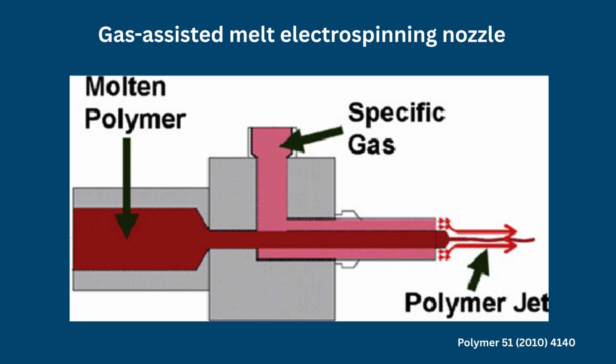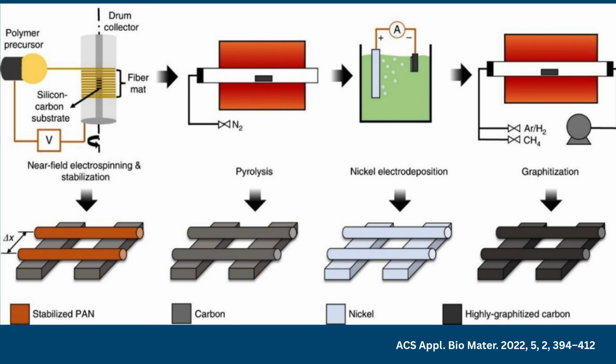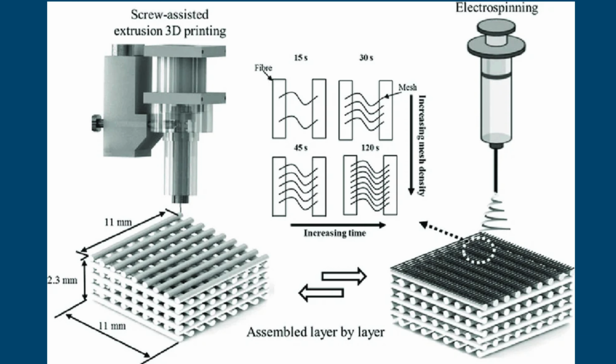Additional advancements include gas-assisted electrospinning, which enhances solvent evaporation and jet stability, as well as centrifugal and high-speed electrospinning techniques that combine mechanical forces with electrostatic effects. Emerging approaches such as near-field electrospinning enable precise deposition of fibers with micrometer-scale spatial control, while three-dimensional electrospinning techniques facilitate the fabrication of structured scaffolds.